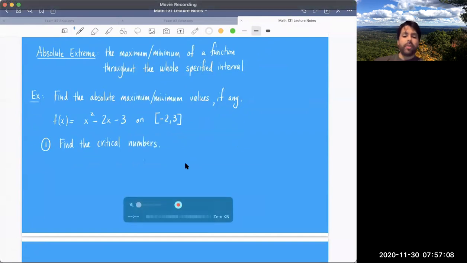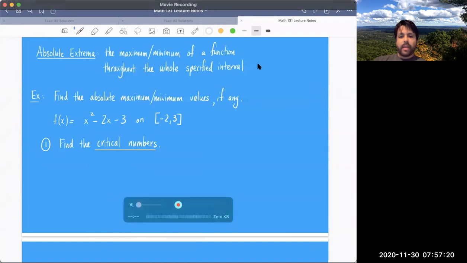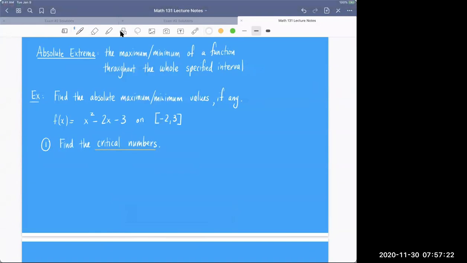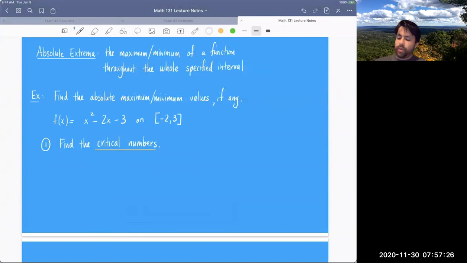So how do we find the critical numbers? We use the first derivative. You find the first derivative, and when you do so, you get 2x minus 2, and then what do you do?